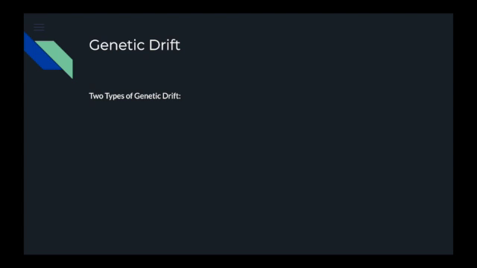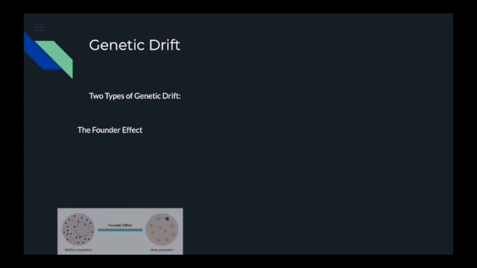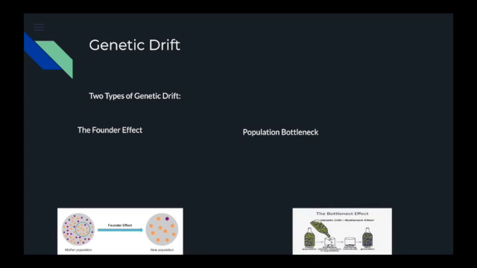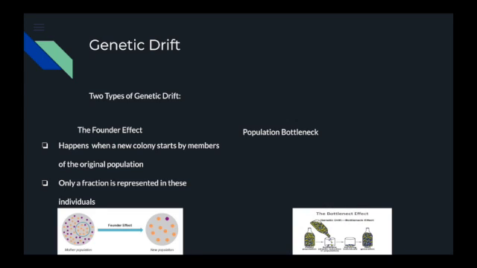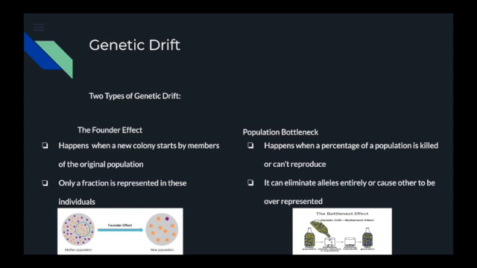2 examples of genetic drift are the founder effect and the population bottleneck. A founder effect occurs when a new colony is started by a few members of the original population. A small population that branches off from a larger one may or may not be genetically representative of the larger population from which it was derived. Only a fraction of the total genetic diversity of the original gene pool is represented in these few individuals.